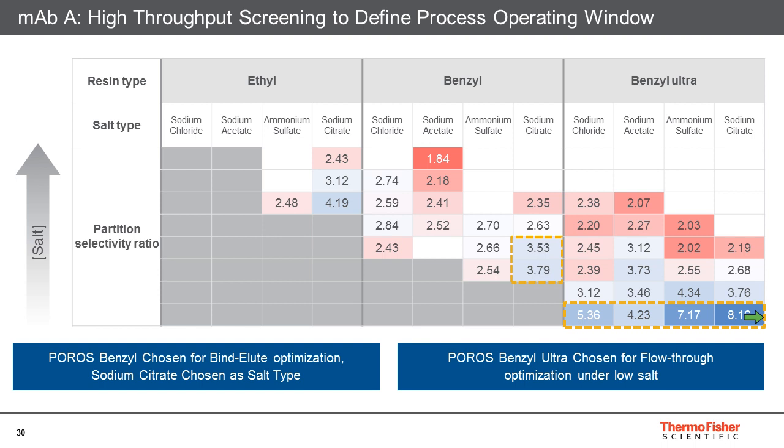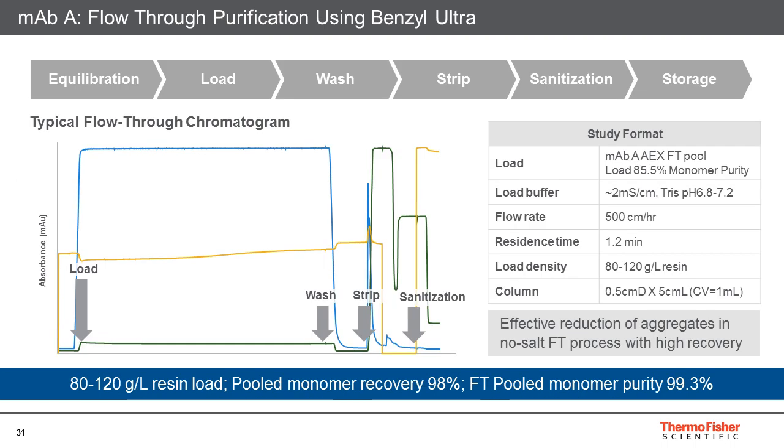So again, for mAb on benzyl ultra, we optimized a flow-through process under essentially no salt. We looked at residence time, loading density, as well as different pHs, and we showed robust aggregate clearance across different pH ranges. Data is not shown here, but finally we operated the final optimized condition at pH 7 at 2 millisiemens conductivity, so really low conductivity.